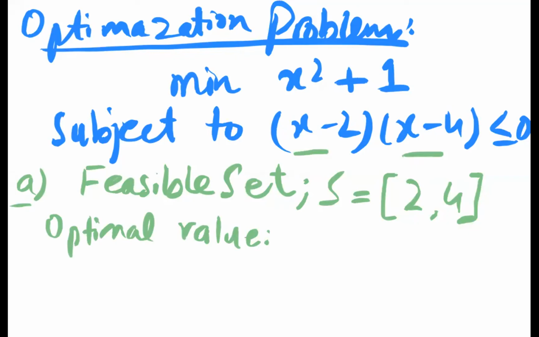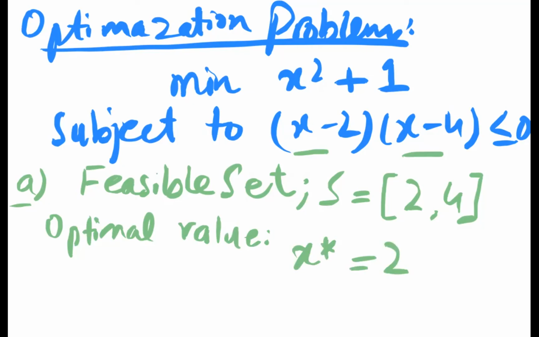Because we want to minimize, the minimum of this solution set would be the optimal point. So x star is equal to 2, due to the monotonicity of the function, because x squared plus 1 is monotonic on this set.